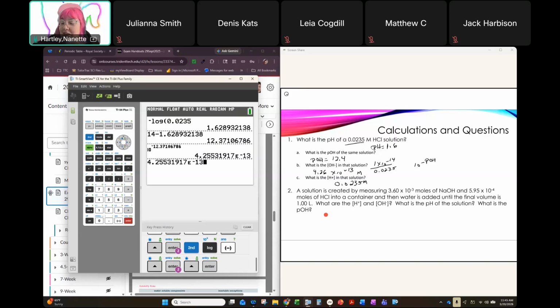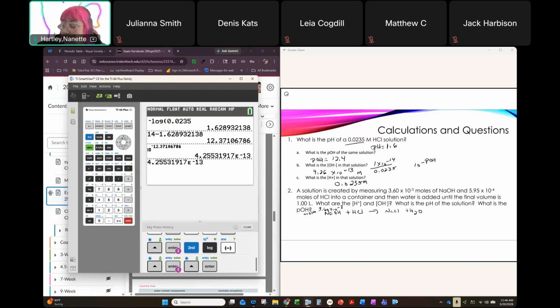So I'm going to take that NaOH and that HCl. They're going to go into solution, and I'm going to make an NaCl and an H2O, right? And I have information about the NaOH, which is that I have 3.60 times 10 to the minus 3 moles.